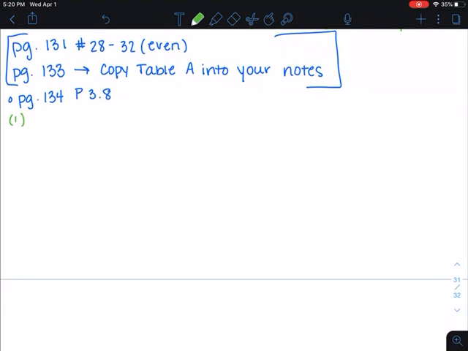So now we're going to talk about evaluating expressions. Evaluating expressions is when you plug in what they give you for your variables to solve and simplify. So for example, number 1, the expression is x plus y, and in the directions it says evaluate each expression when x is 2 and y is 5.